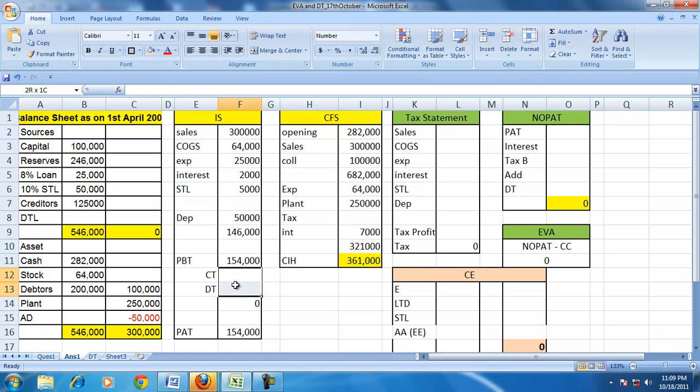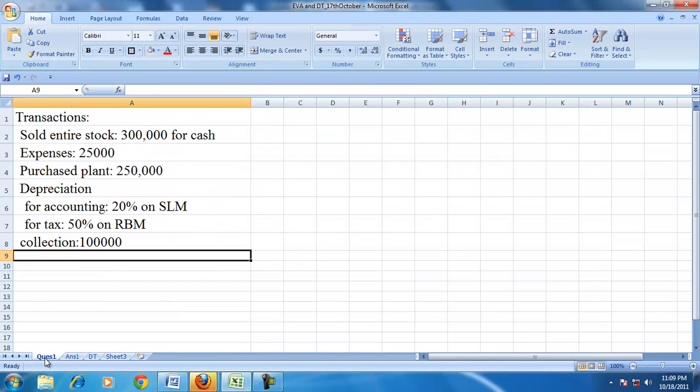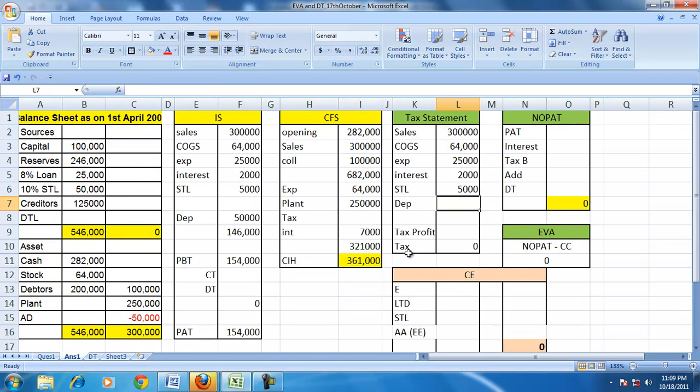But to calculate the tax, we have to prepare the tax statement. In the tax statement, sales is the same amount, COGS is the same amount, expenses are the same amount, and interest is the same amount on the loan and the short-term loan. But depreciation for taxation is 50% on a reducing balance method.